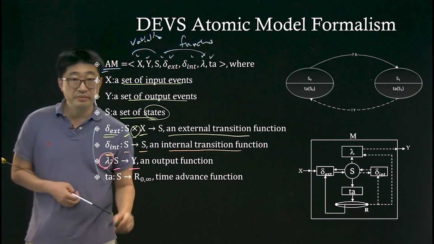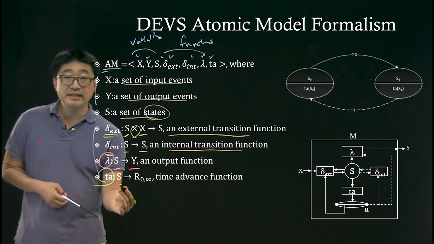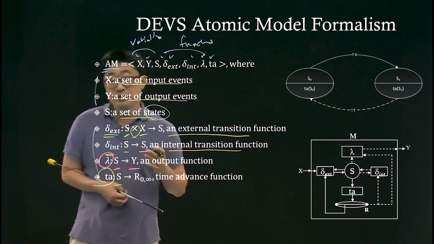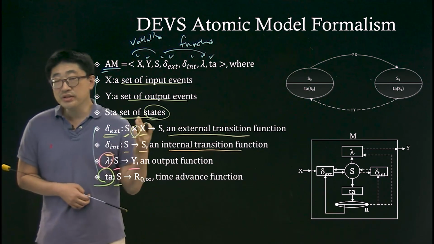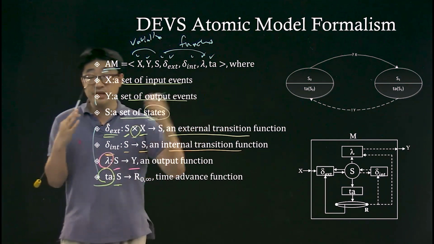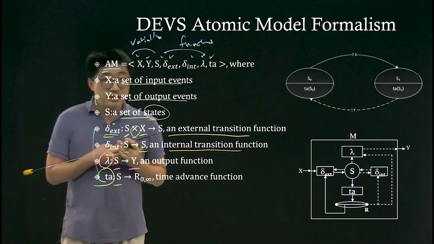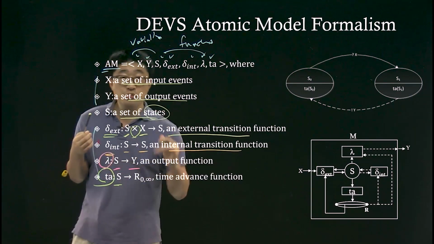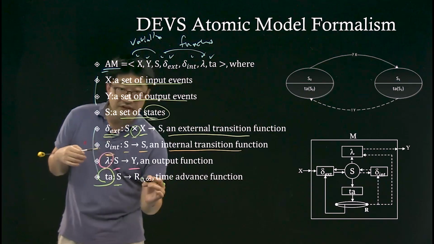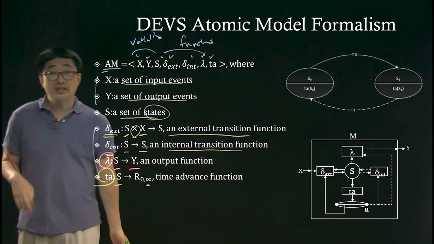Finally, time advance. Once S is given, it creates a time advance timer, which takes a continuous value: how much time will pass before self-initiating the internal transition. The time is from 0 to right now, or otherwise infinite. We don't know when the next internal transition will be.